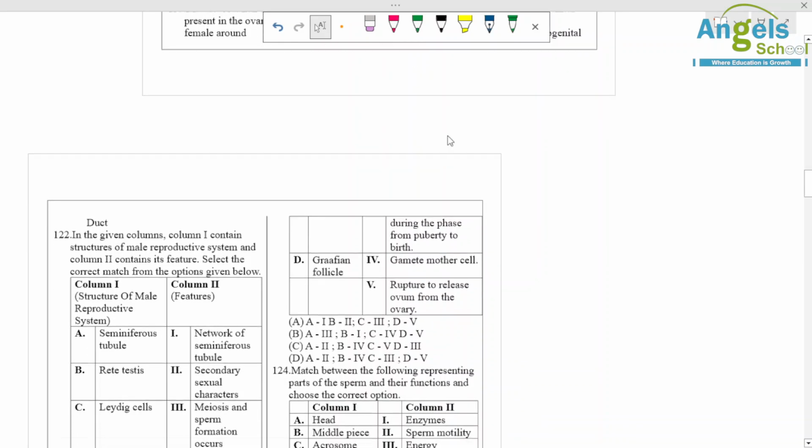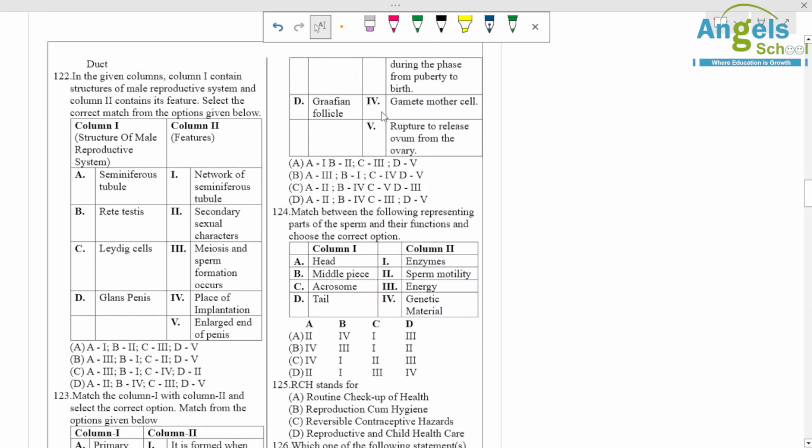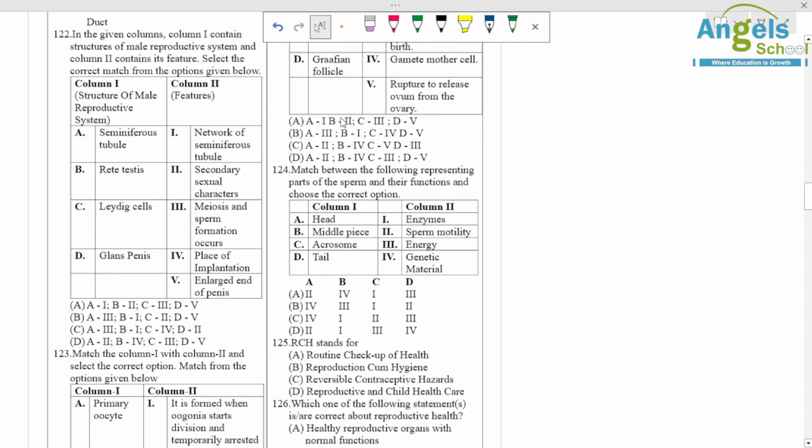Okay, question number 122. You have to match the column for structure of male reproductive system and its feature. So first is seminiferous tubules. Meiosis and sperm formation occurs in a seminiferous tubule. So option 3 matches with A. Rete testis is a network of seminiferous tubules.